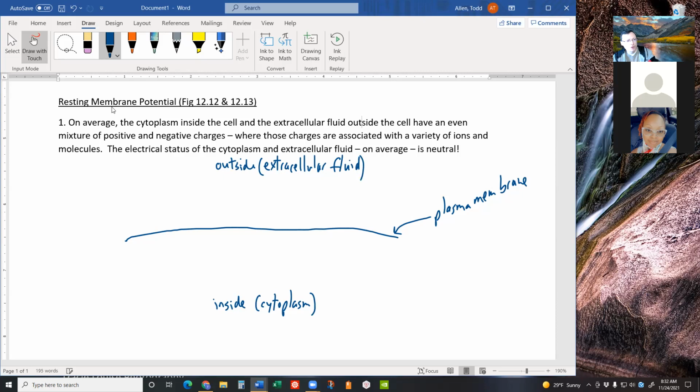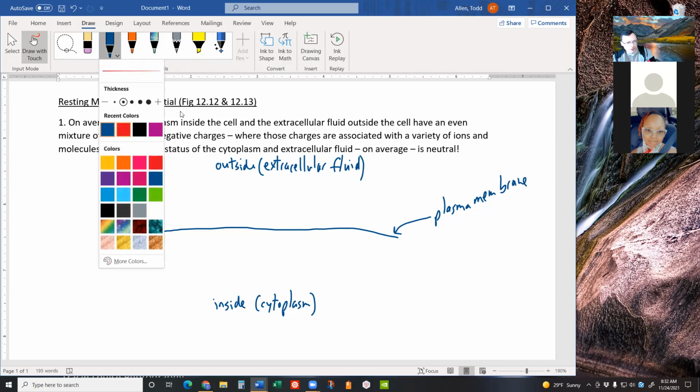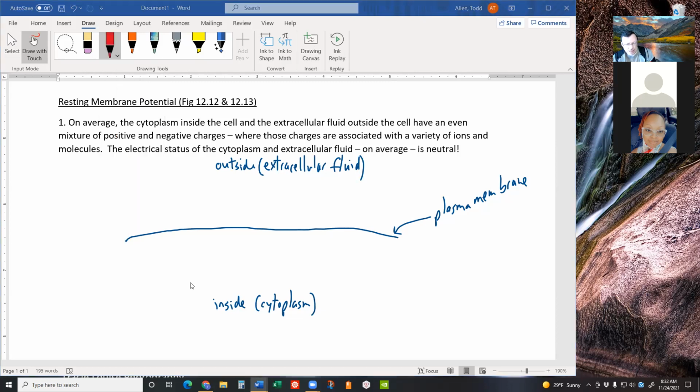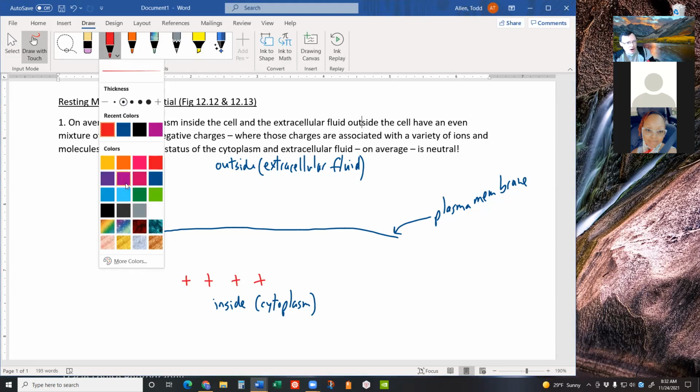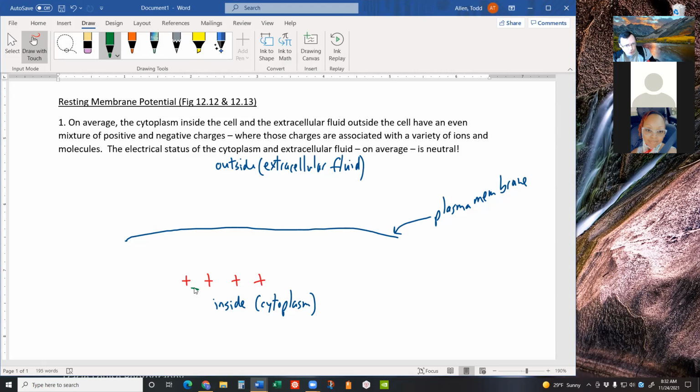And we would note the following situations, okay? In the interior of the cell, in the cytoplasm, we pretty much have an even number of positive and negative ions. So that means, just as a rough example, I could draw 4 positive ions here. And to balance that out so that I have neutrality, I would need roughly 4 negative ions, right?